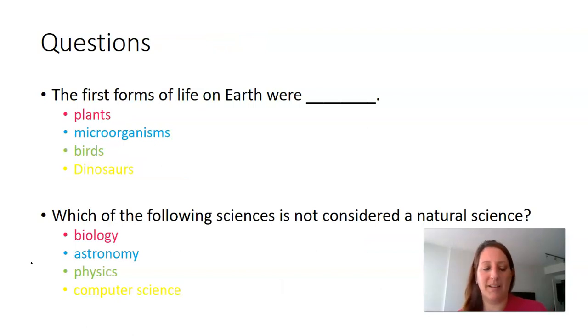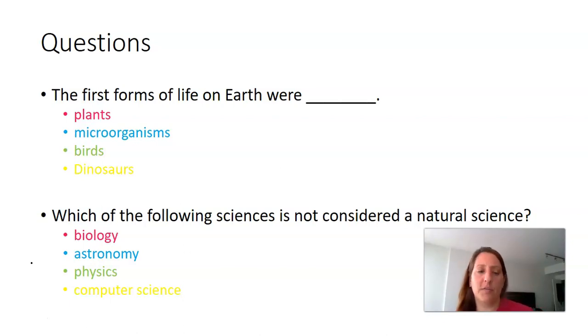Okay, so welcome back. A couple of questions before we go on, okay, just to make sure that we're on the same page. So first off, the first forms of life on Earth were, okay, were they plants? Were they microorganisms, birds, or dinosaurs?